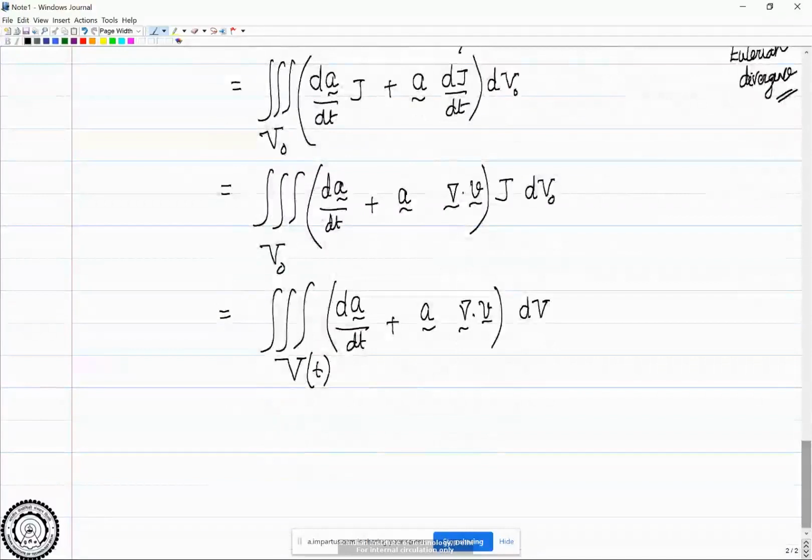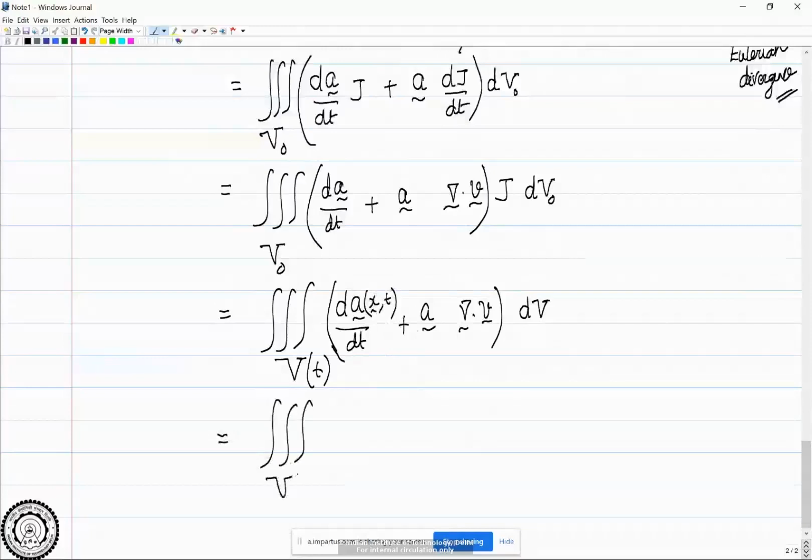Now what can we do? You see, the first term is the total derivative, and A is an Eulerian quantity, which is a function of little x and time t. So you can write it into two parts, isn't it?